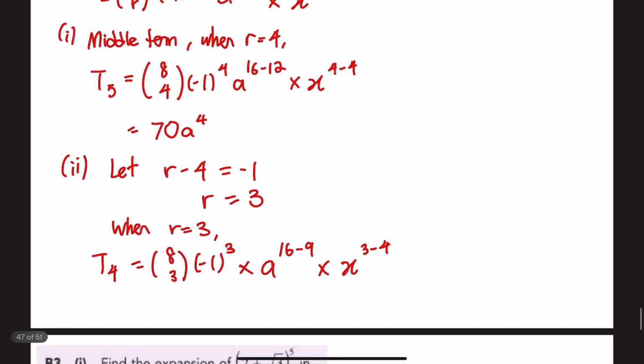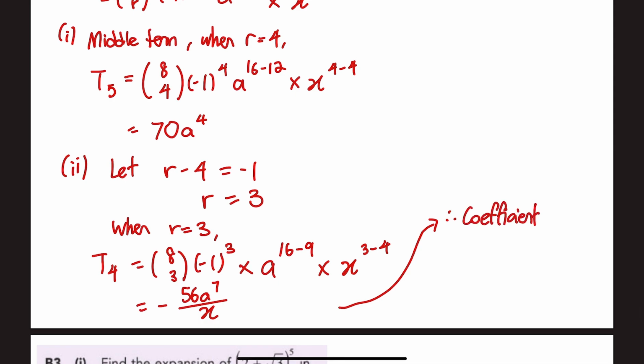Our final answer should be negative 56 a power 7 over x. Therefore, to answer the question, the coefficient of 1 over x is negative 56 a power 7. And that is the answer to part 2. Alright, so this is for question number 2.